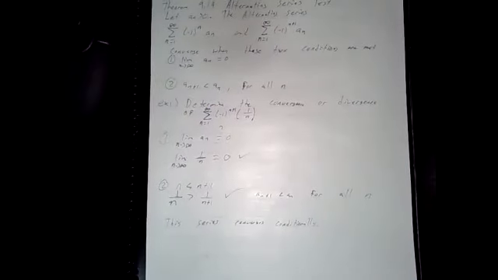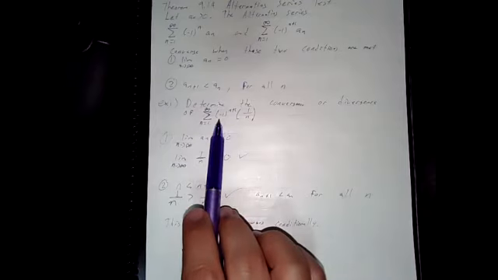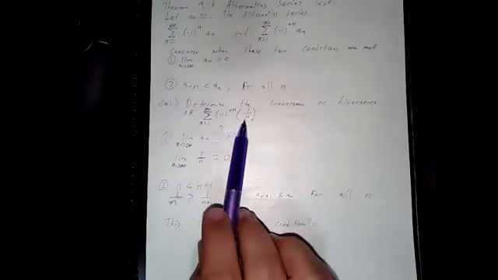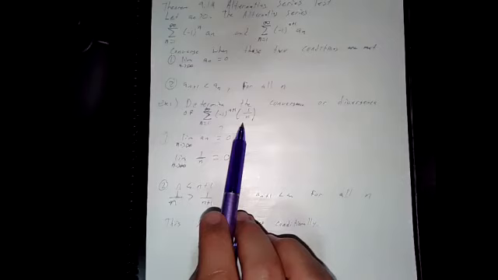Technically, if it wasn't alternating, if you only had this piece, you see how this would be a divergent P series, right? So it only converges because it's alternating and it meets these conditions.